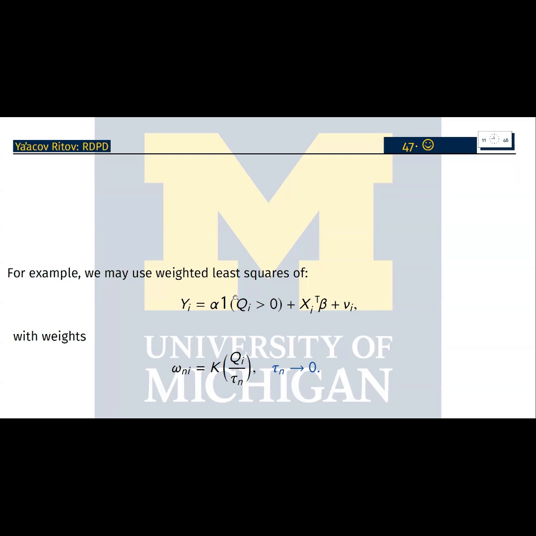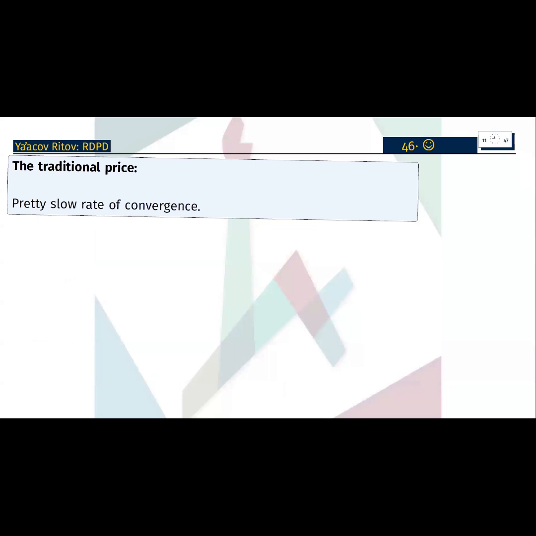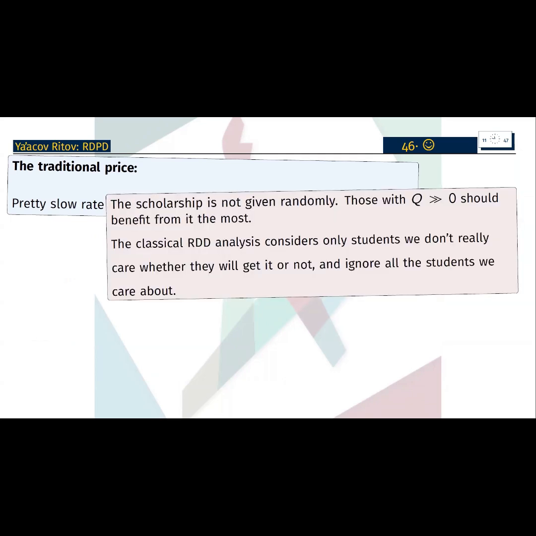Kernel estimators, so give weights only to Qs which are of order tau n, and tau n is going to be converging to 0. So the rate is going to be non-parametric. I'm doing non-parametric, and I'll get a non-parametric rate. So the price is a very slow rate of convergence.